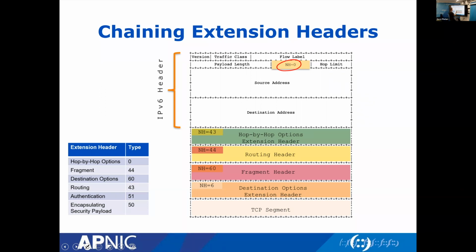So we know that my next header is a hop by hop. 43 is a routing header. 44 is my fragmentation. 60 is my destination options, and 6 becomes my payload. So I could have all of these chaining all the way through. If you see that next header 0, we know that everybody in the path is going to process that.